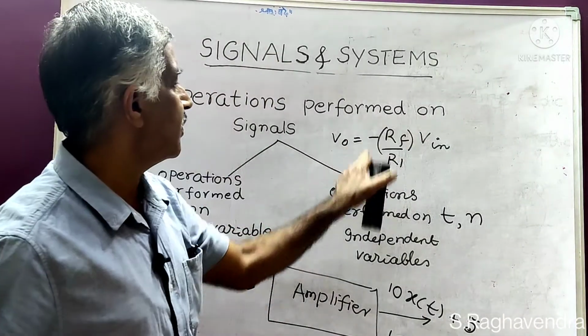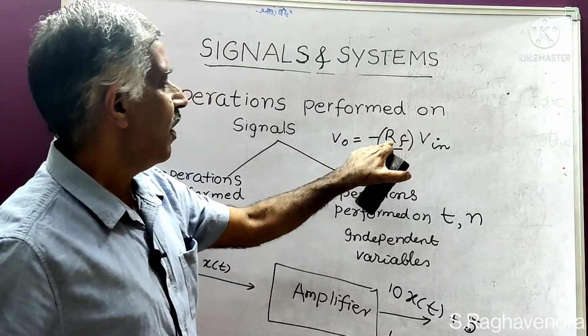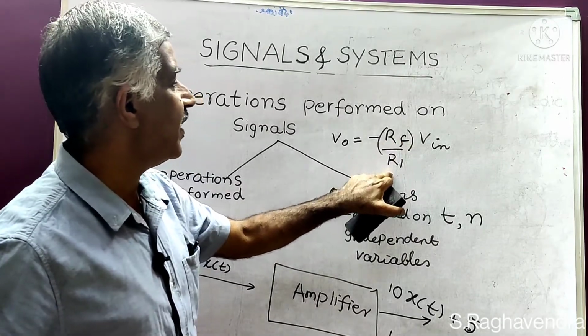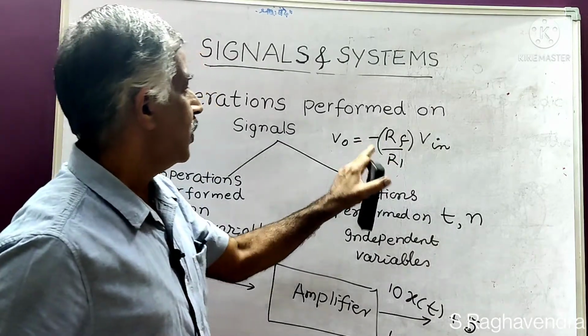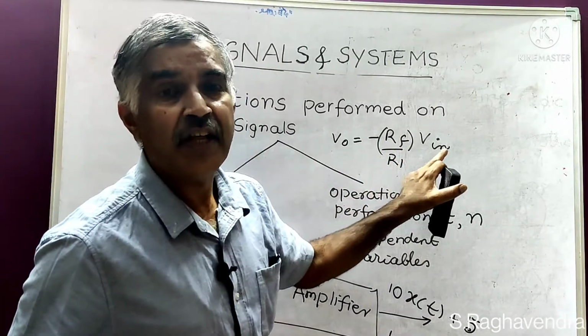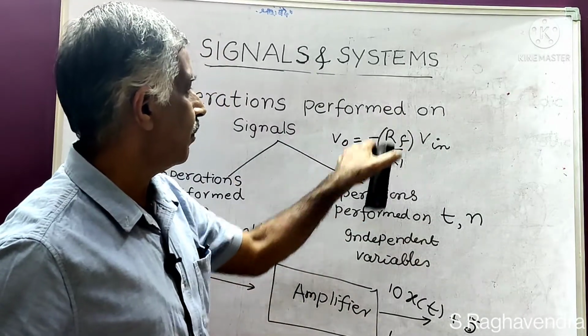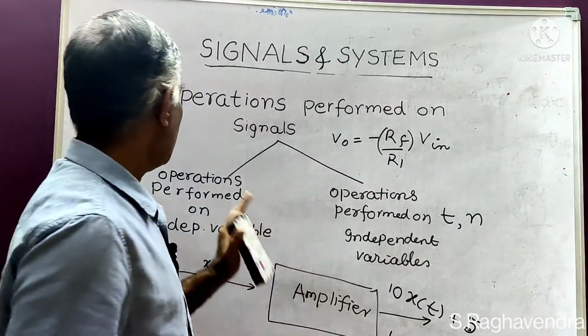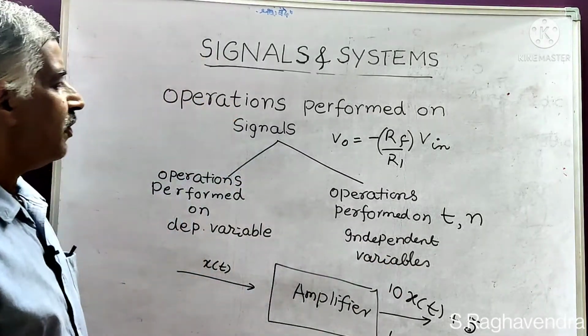This is nothing but scaling. RF is a resistor value, R1 is a resistor value, V input is the input. It is for the inverting amplifier configuration. So this factor is what the operations performed on the dependent variable.